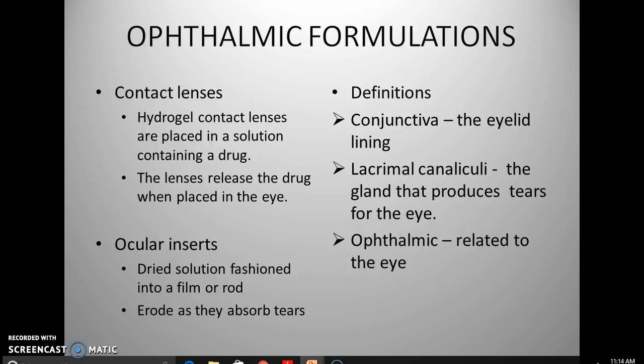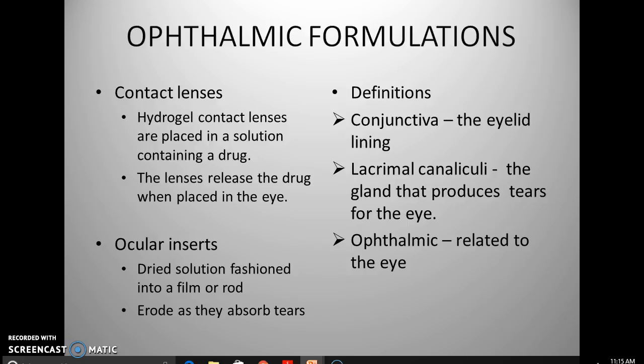You can have ocular inserts, a dry solution fashioned as a film or rod that will go into the side of the eye, not into the eye, and they slowly dissolve as they absorb the tears.